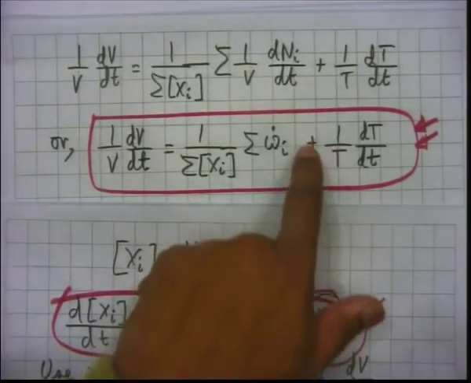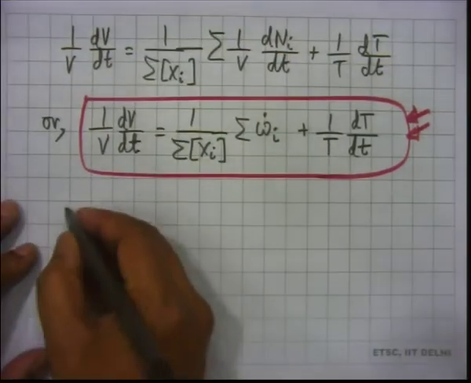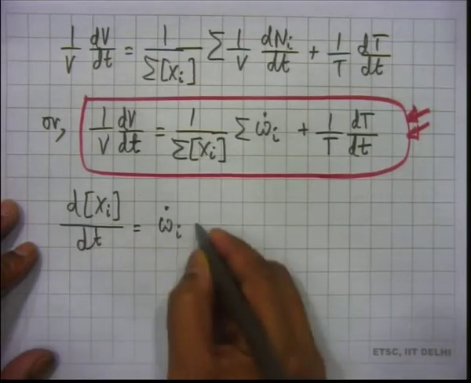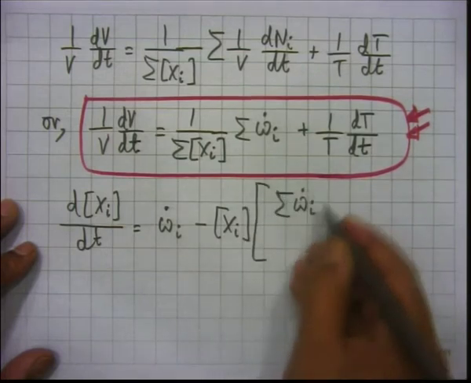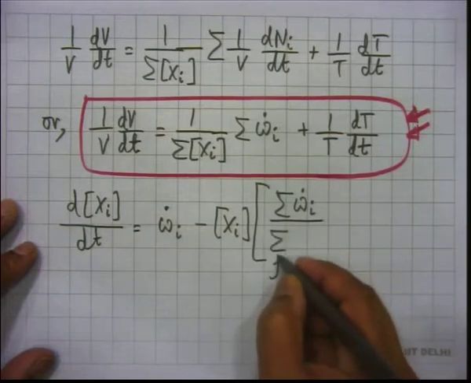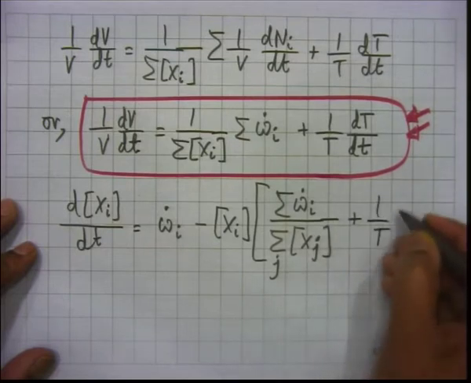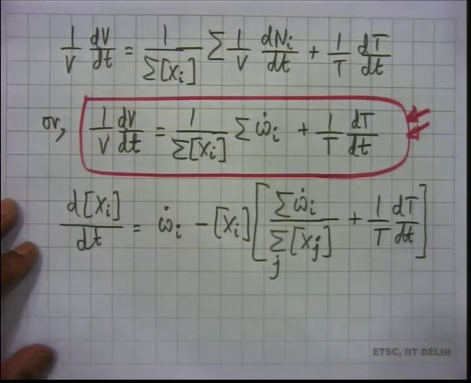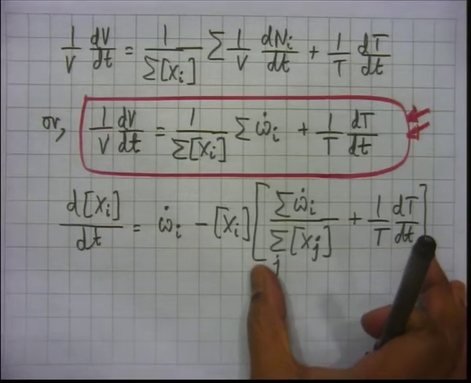So, putting this in is a slight amount of work, and this is 1 over V dV/dt.